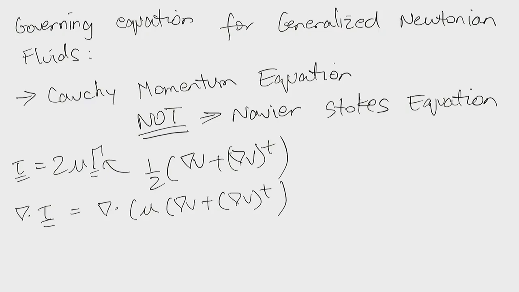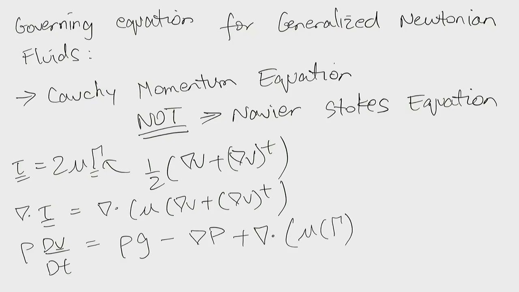And so when we plug this into the Cauchy momentum balance, we have rho g minus grad p plus del dot mu, function of the rate of strain, times grad v plus grad v transpose.